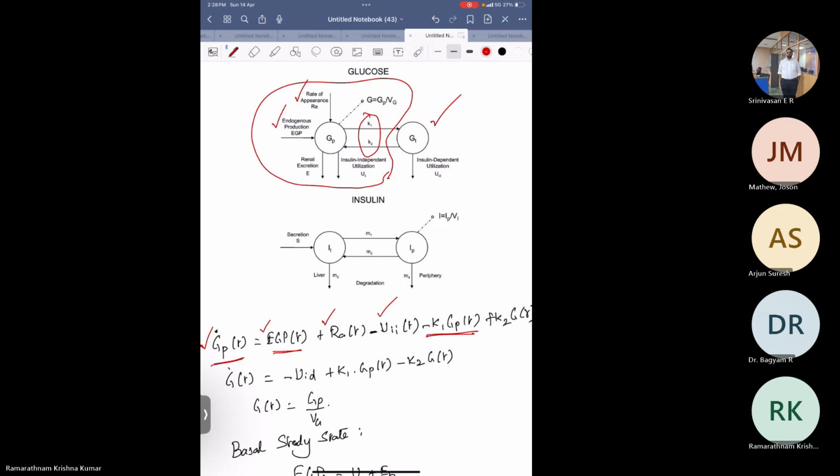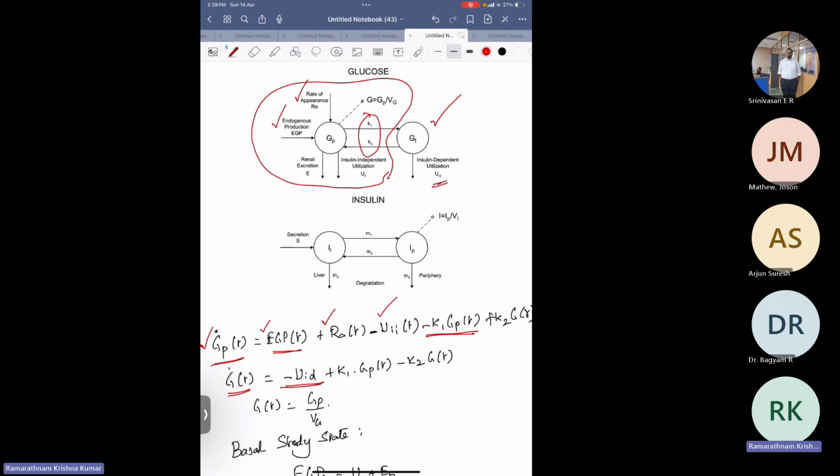Now, the next one we have for the tissue. Okay. So the rate of increase of glucose in the tissue, dG by dt. There are two things in this. One is the glucose that is coming in due to insulin dependent utilization.